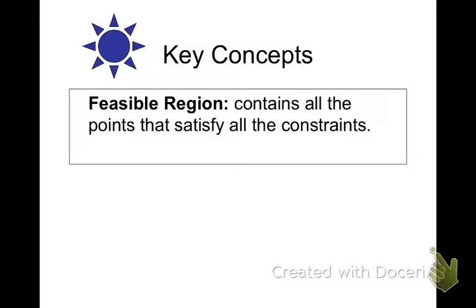So your feasible region contains all the points that satisfy all the constraints. Okay, so this feasible region is going to come from our graph.